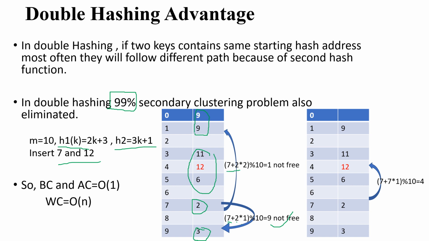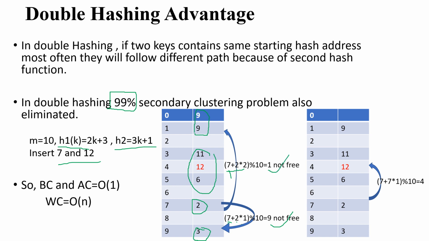With 7 being the value calculated using the first hash function, and 2 from the second hash function, and i previously 1, now I increment i to 2. So now it is 7 plus 2 into 2, which is 4, total 11, modulus 10 gives 1.